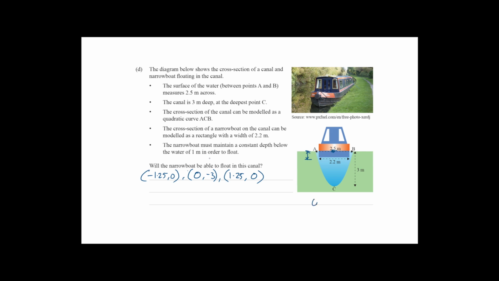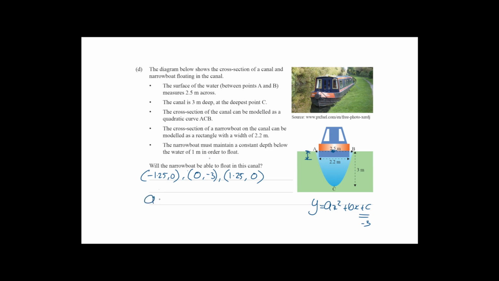Well, we know it's going to have the equation ax squared plus bx plus c, but we know that c is -3. So let's do this one. For this first one, y is 0.